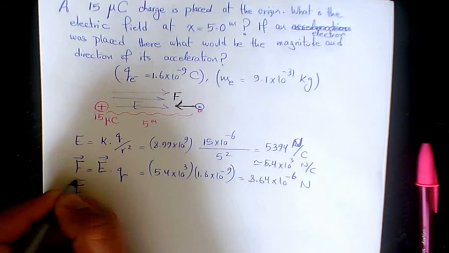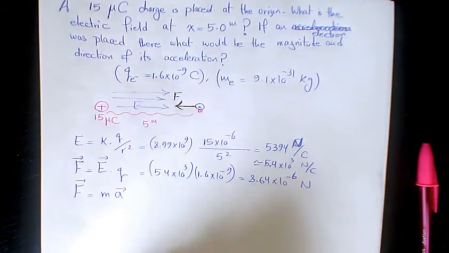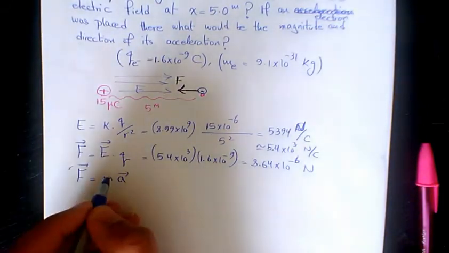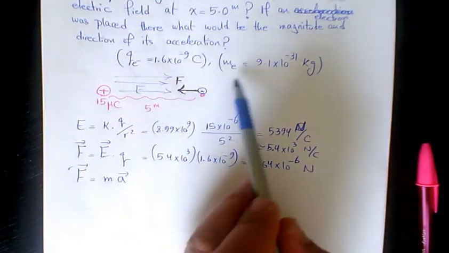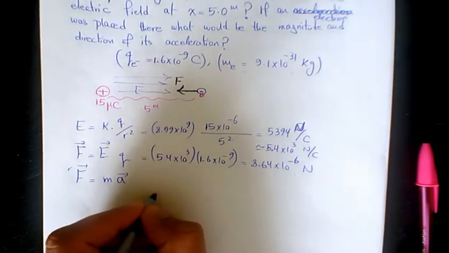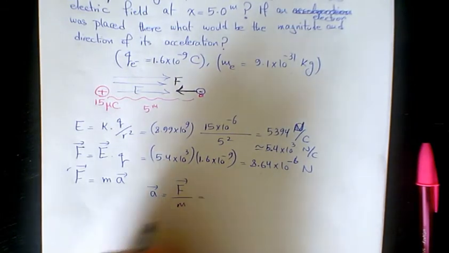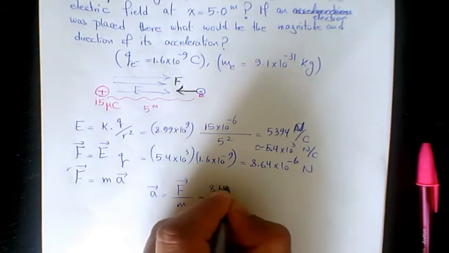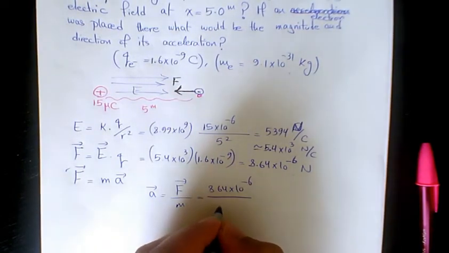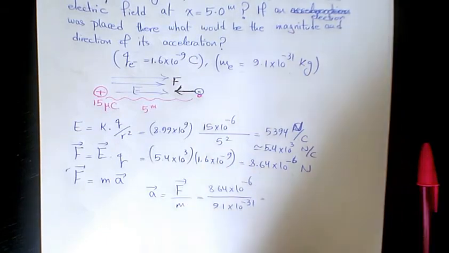On the other hand, we know F equals M times A due to Newton's second law. We know the force, we know the mass of the electron, and based on that we can find the acceleration. So acceleration will be equal to F divided by M. F is 8.64 times 10 to the power of negative 6, and M is 9.1 times 10 to the power of negative 31.